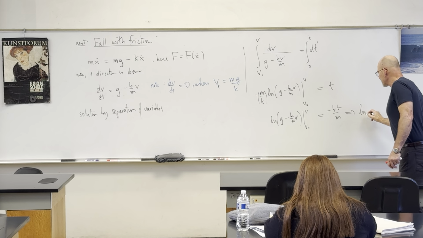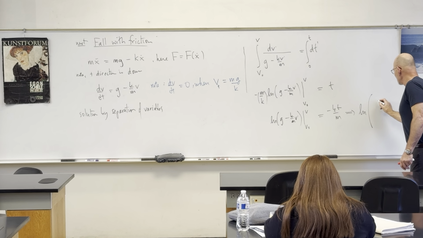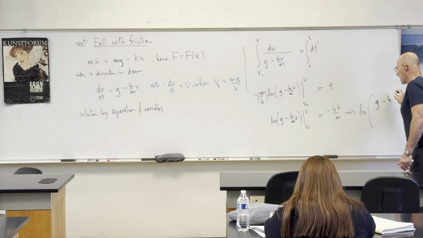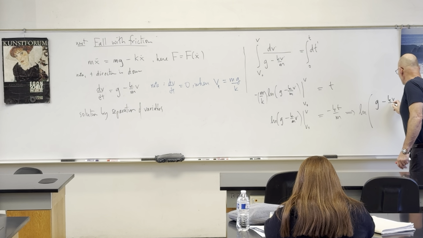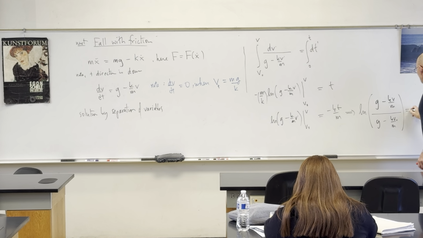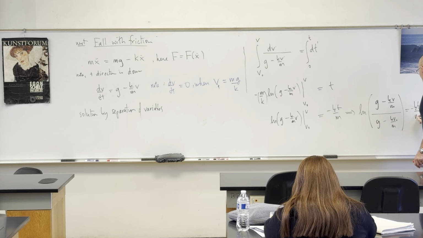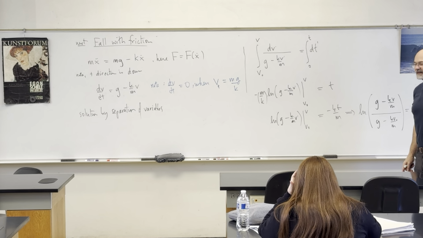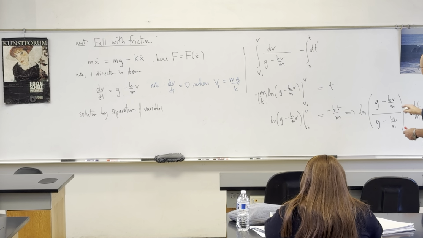We can write the natural log of (g minus kv over m) divided by (g minus kv naught over m) equals minus kt over m. See, so now I have a dimensionless quantity in there. This is a better way to do it.